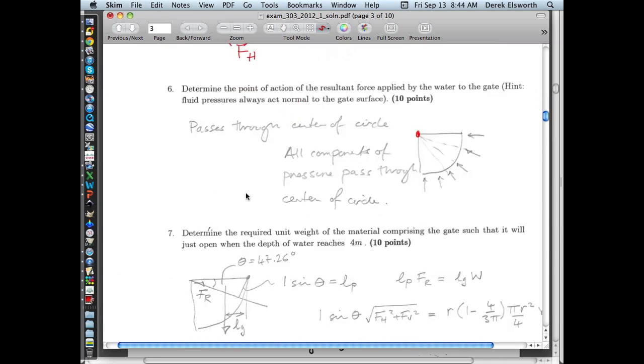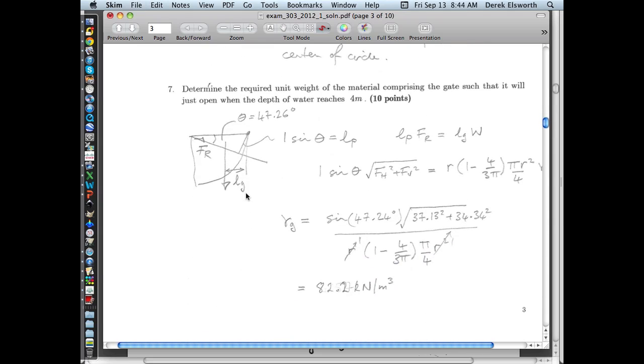And then ultimately you have to resolve around this particular point for the resultant that you have acting and the weight of the gate which you want to determine, right? So this is what we know acts, and we need to calculate resolving around, actually not this point, resolving around this point.